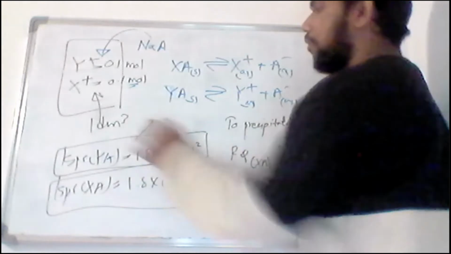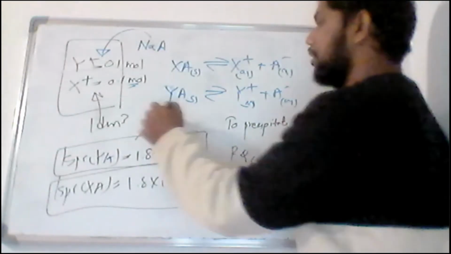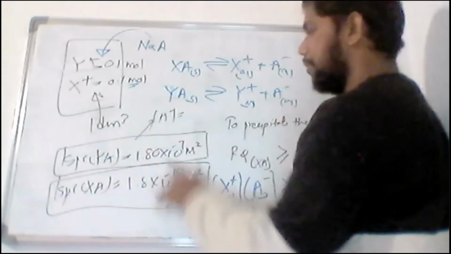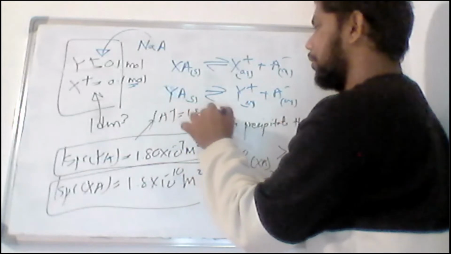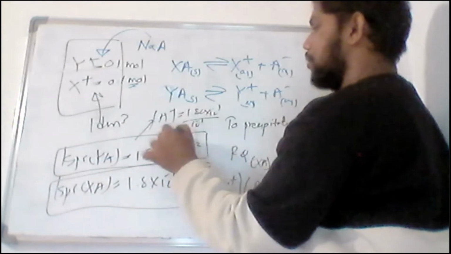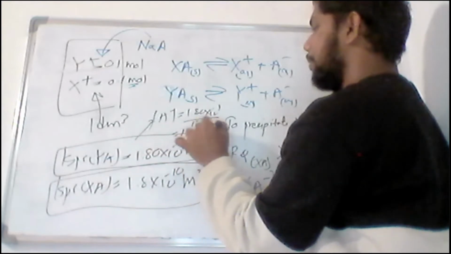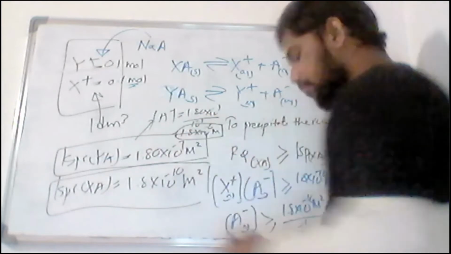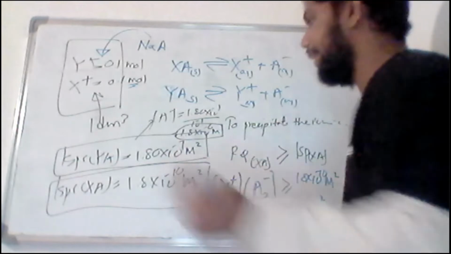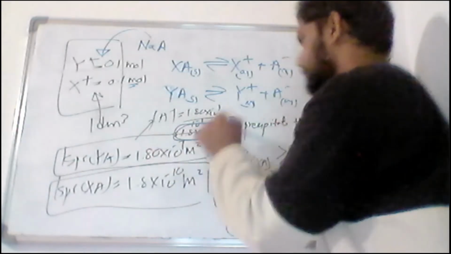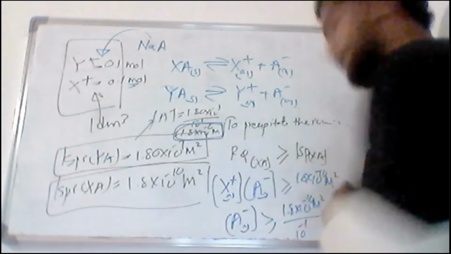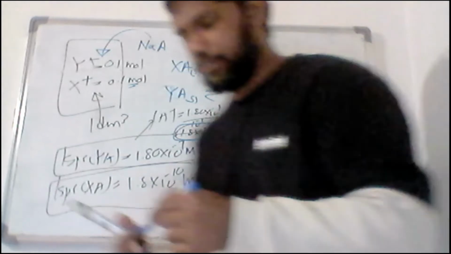And in the same way, you can calculate this for YA. Here, A minus concentration will be given by 1.8 into 10 to the power minus 7 over the concentration, which is 10 to the power minus 1, so 1.8 into 10 to the power minus 6. Okay, so you see here two values.